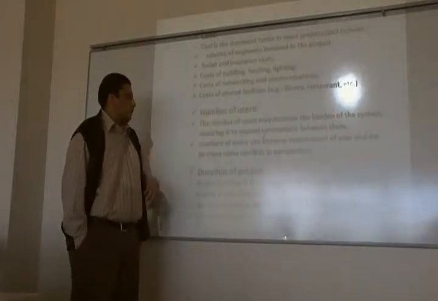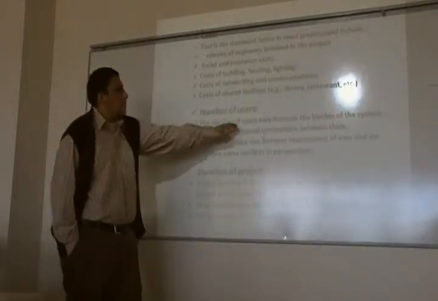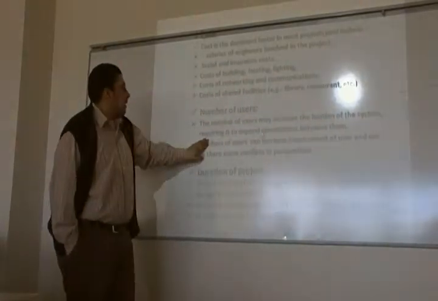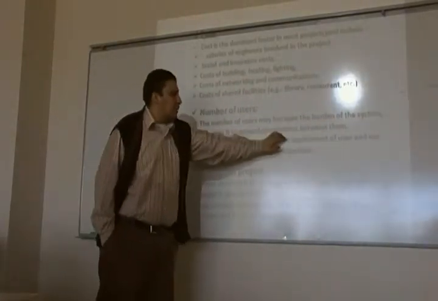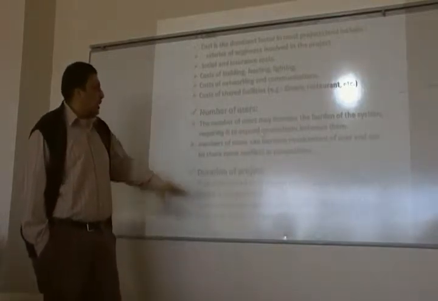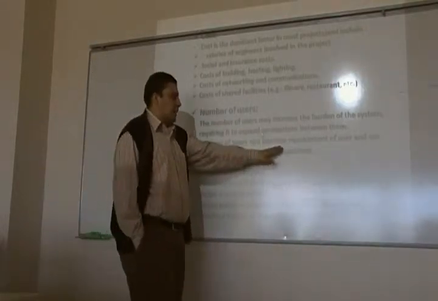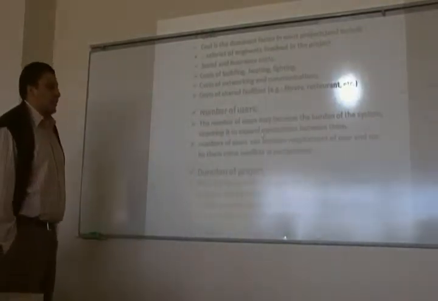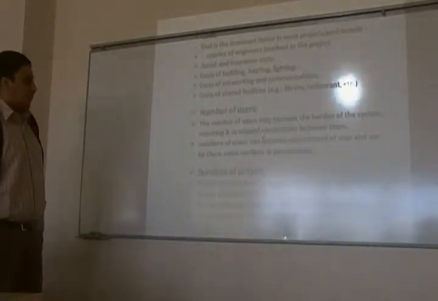Number of users. The number of users may increase the burden on the system, requiring expanded connections between them. The number of users can increase the requirements and there can be some conflicts in perspective.